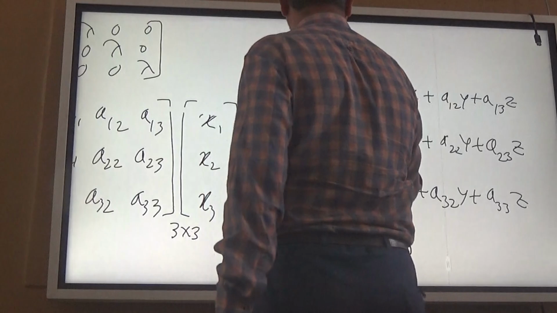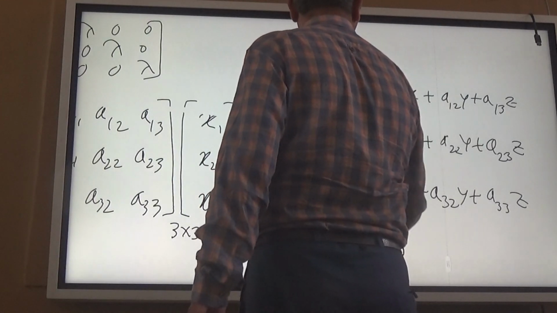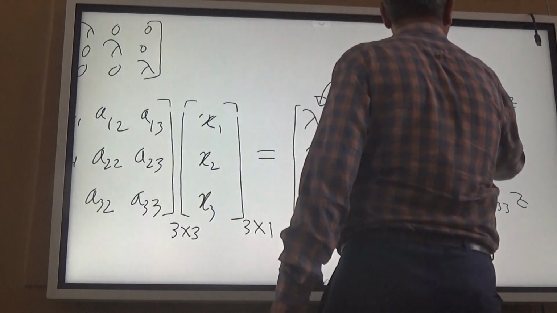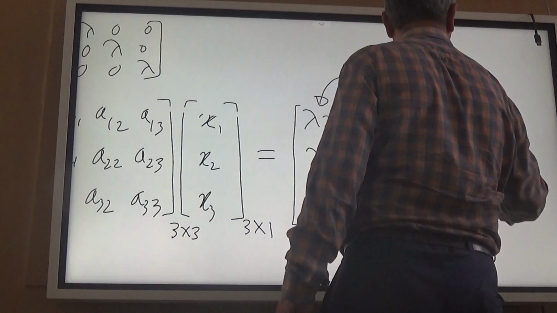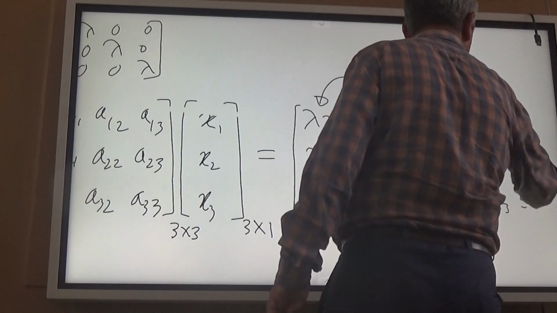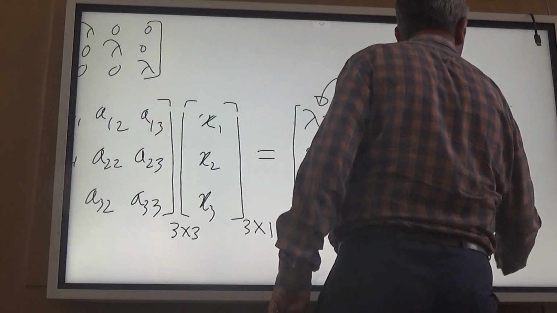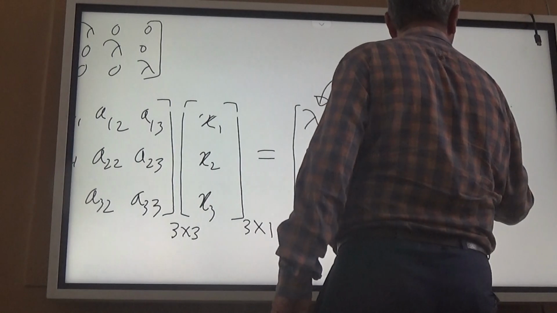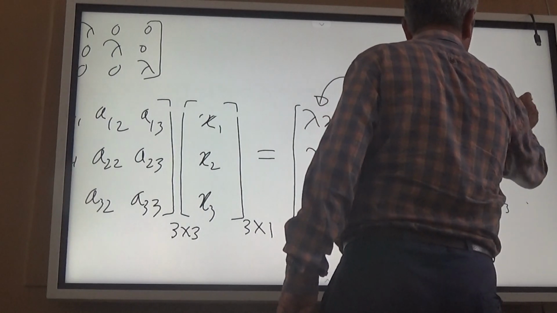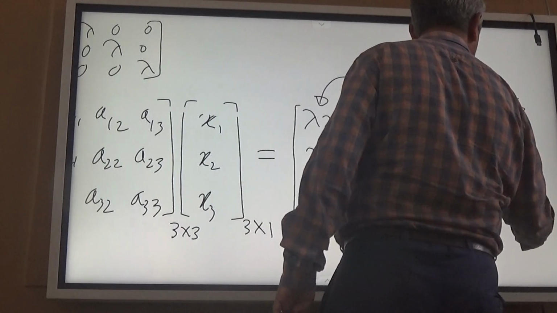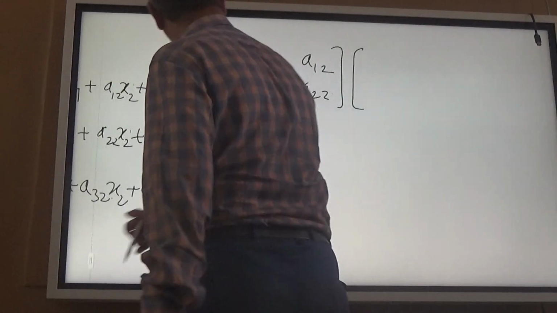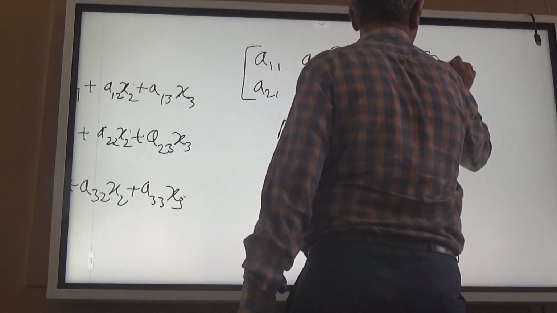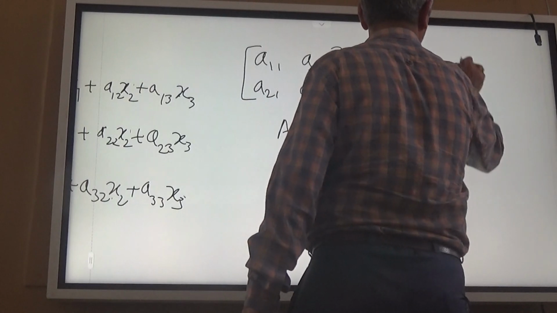So this will be lambda X1, lambda X2, lambda X3. Now we try to go through A into x1 x2 is equal to lambda x1 lambda x2.